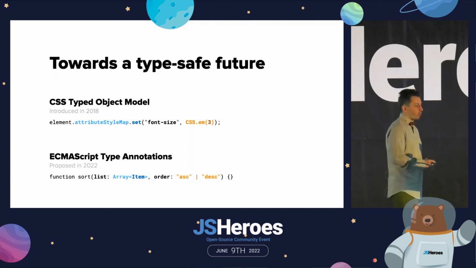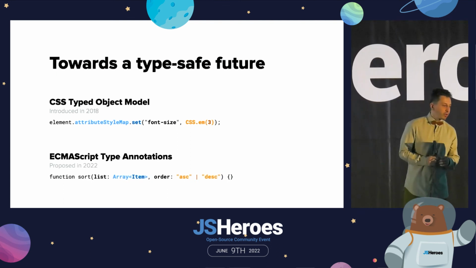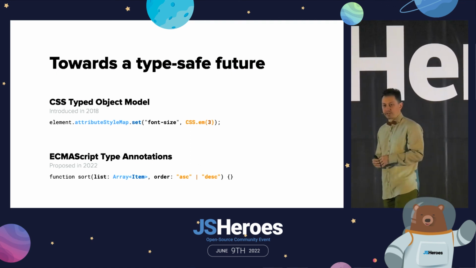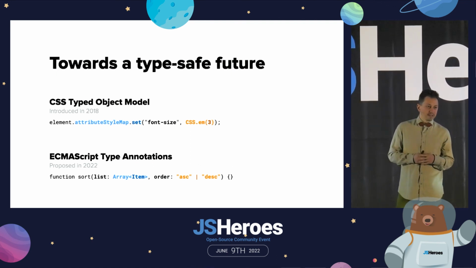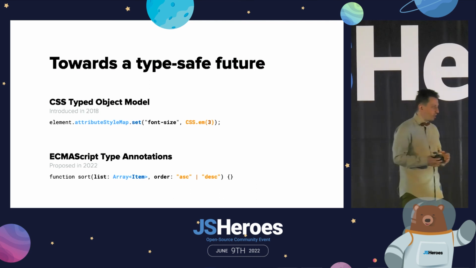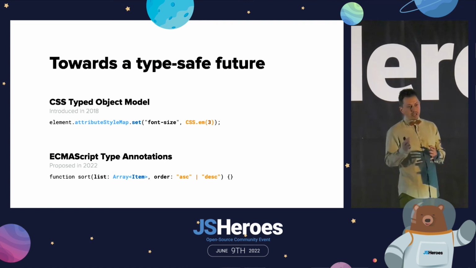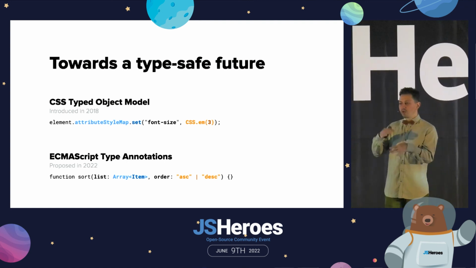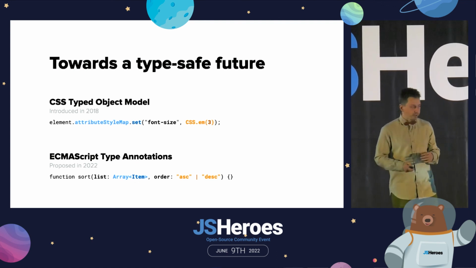And this year, we have a new proposal, ECMAScript type annotations, to introduce optional types to the ECMAScript language, basically providing type safety and type checking without the need of a transpiler. So slowly but surely, as far as I see it, the whole ecosystem is moving towards a type-safe future.